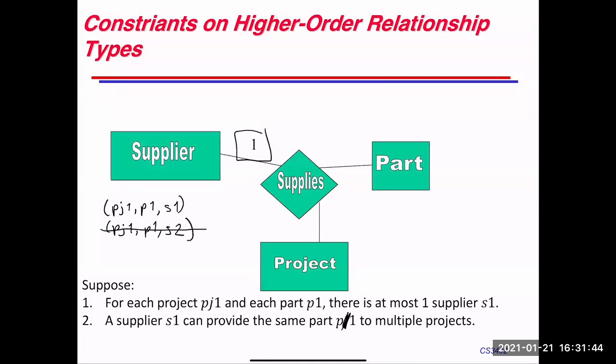We fixed S1 and we fixed P1, and we're trying to understand how many distinct values for project we can have. The assumption tells us that we can have many, right? So now we should add a cardinality constraint of M here, meaning basically we don't have a cardinality constraint.